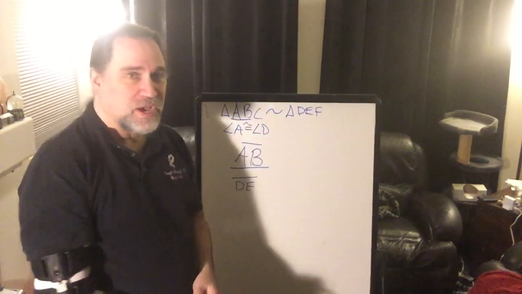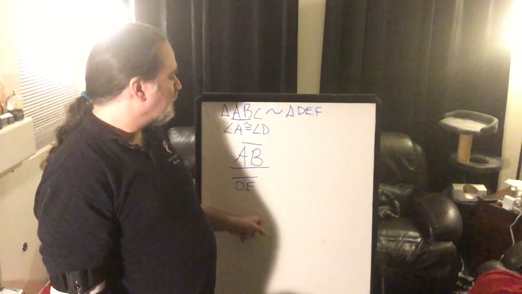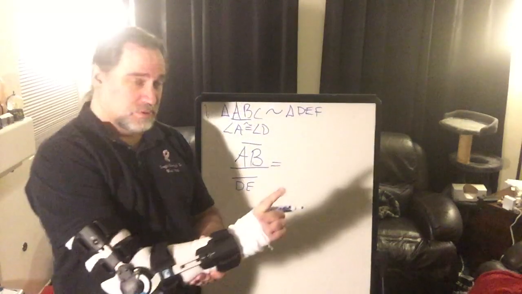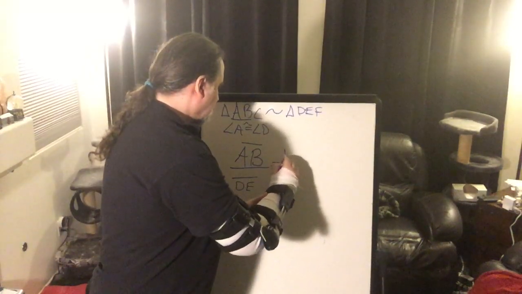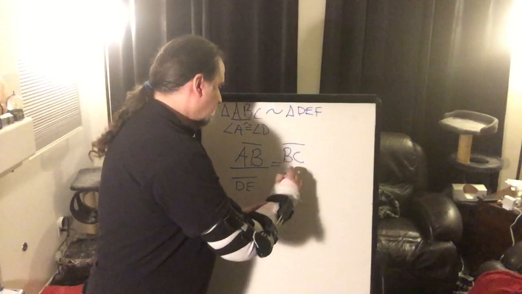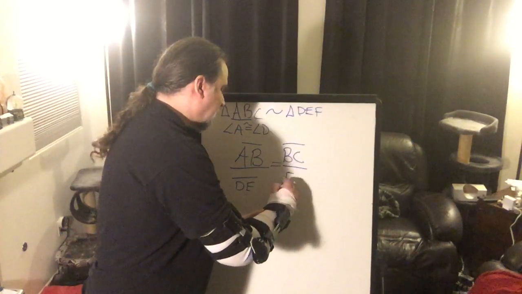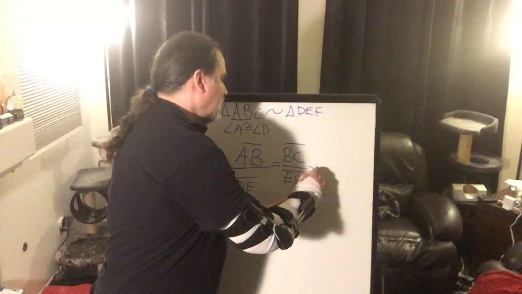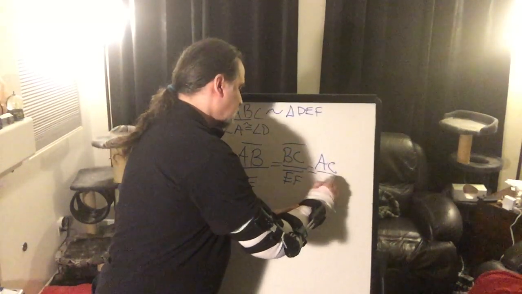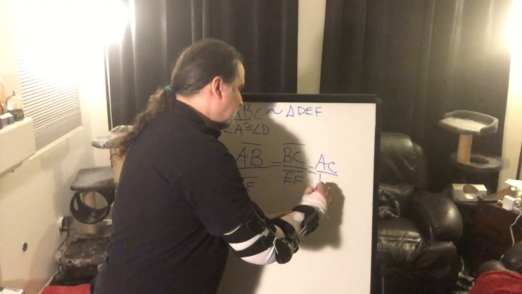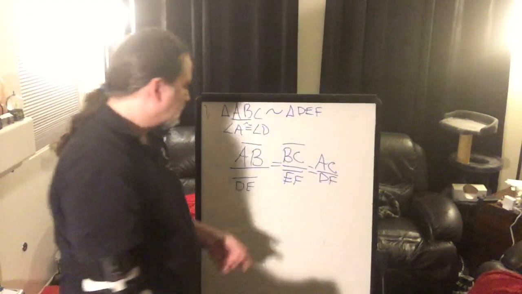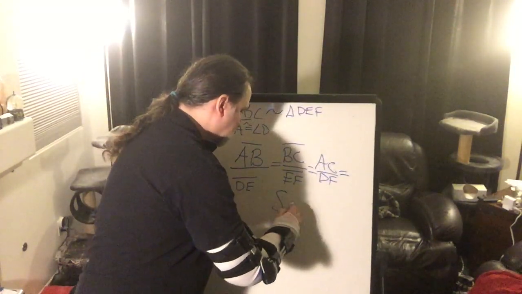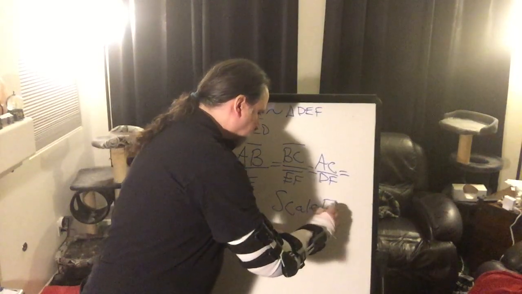So on the triangle, the side from A to B divided by the side from D to E is going to be equal to the distance from B to C divided by the distance from E to F, which is going to be equal to the side A to C to D to F, and that is the scale factor.